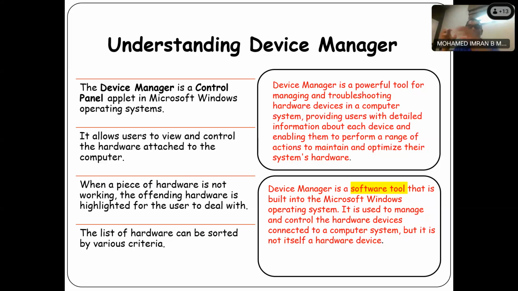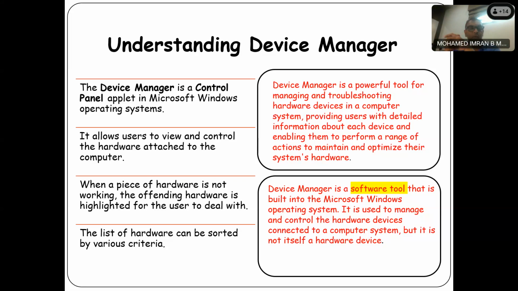So basically what a device manager means, first, it's a control panel applet. It's a software which is normally used in Windows operating system to control and manage any hardware which is connected to the operating system or to the computer system.